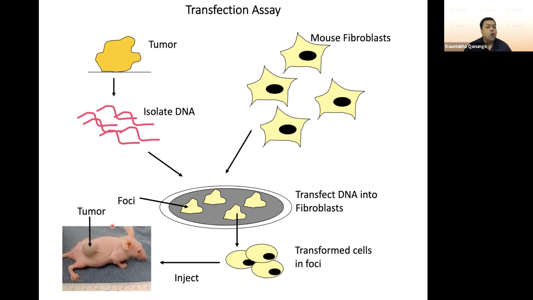I take a normal mouse and then I inject these transformed cells into those. And then I just give you a chart of the chances of getting a tumor in the SCID mice and the normal mouse. Remember that the SCID mouse percentage of tumor will always be more than the normal mouse.